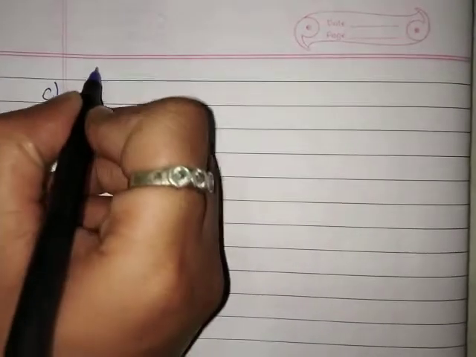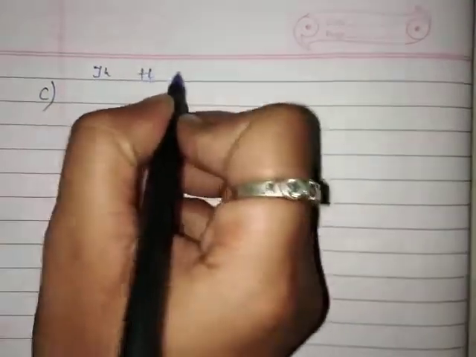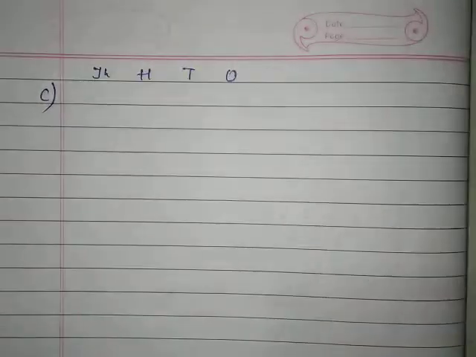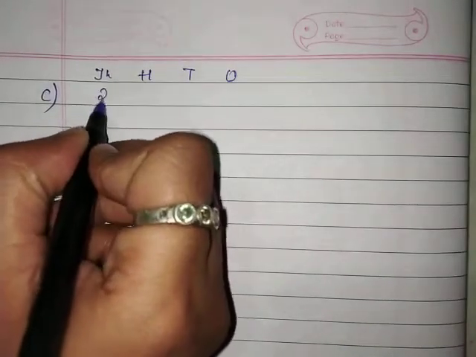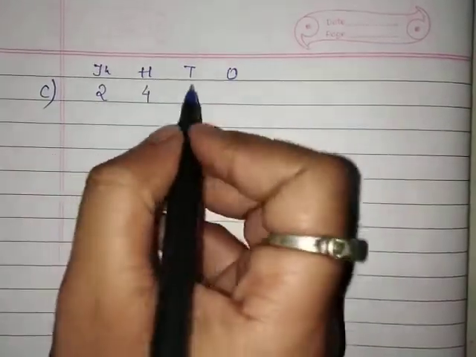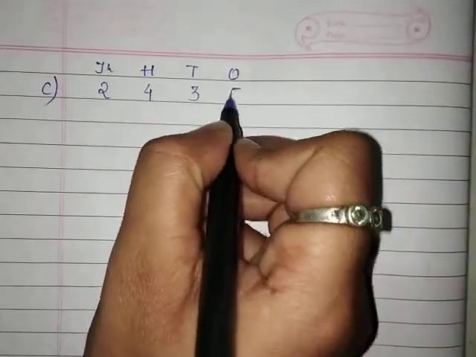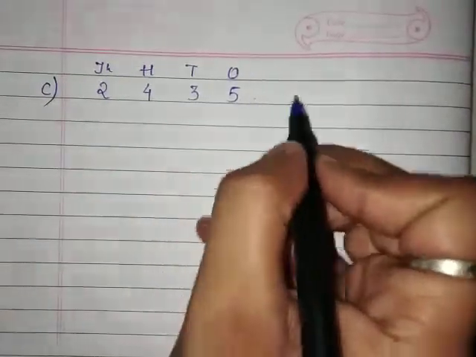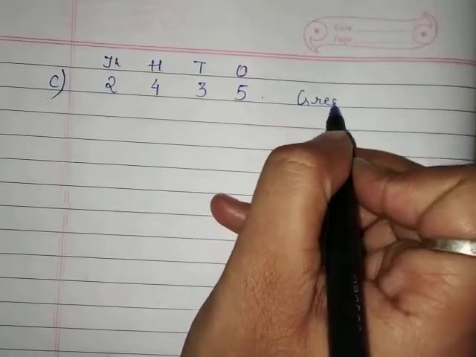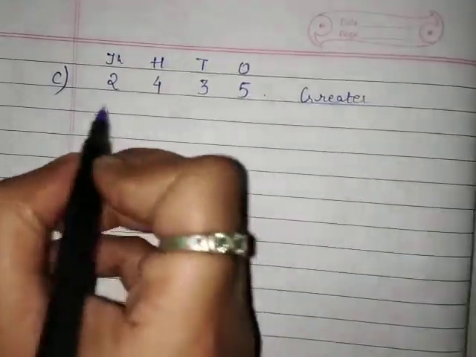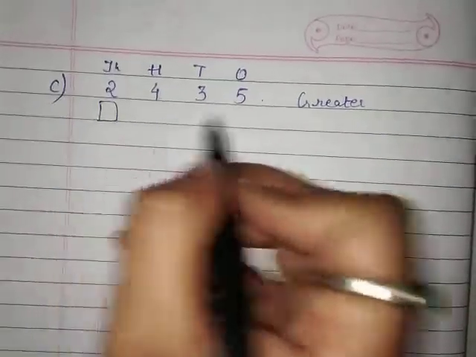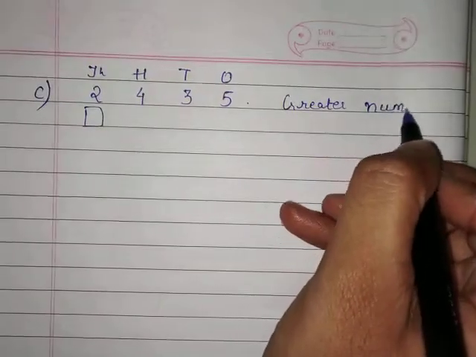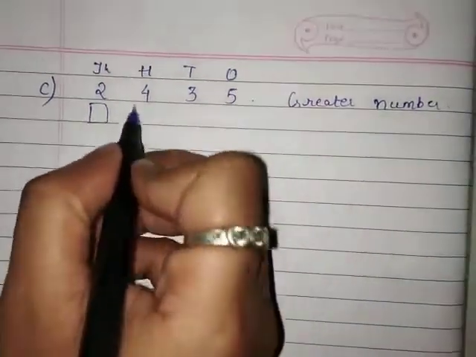So now this is question number C. Okay. Here first we have to write the place. 2435. So this is the greater number here. Alright. Then you have to find the smaller missing number.